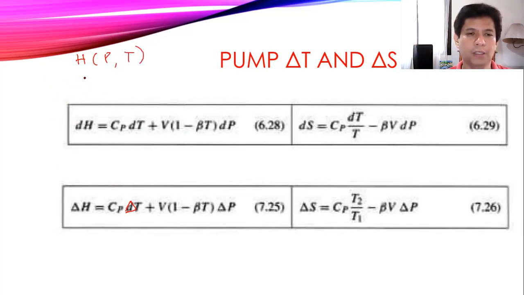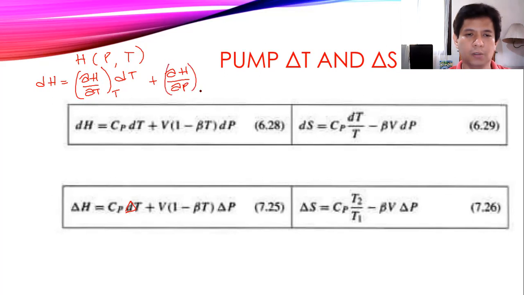Okay, so if enthalpy is a function of pressure and temperature, we have this equation dH is equals to the partial derivative of H with respect to T at constant P times dT, okay, plus the partial derivative of H with respect to P at constant T times dP.